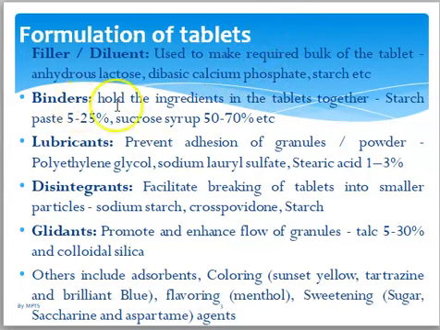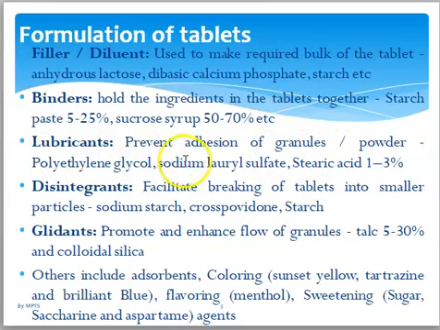We have binders, they hold together the ingredients. We have starch paste, sucrose syrups. Binders are always used in these percentages. Lubricants prevent adhesion of granules to the die and hopper, and those equipments.